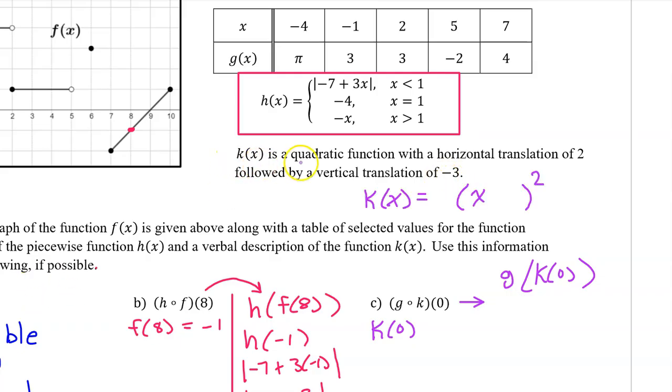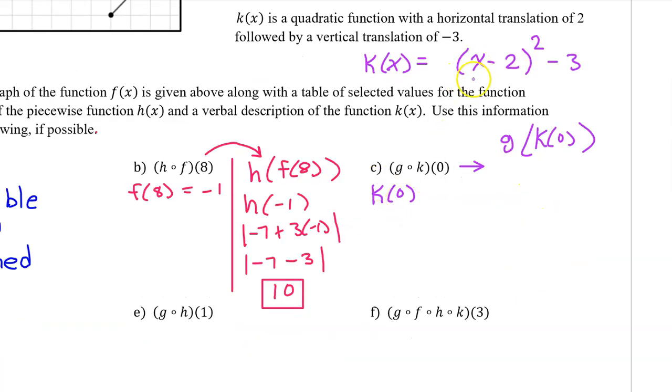Because k of x is a quadratic function, it will be based on the parent function x squared. A horizontal translation of 2 will happen if we have x minus 2 inside the parentheses. Then a vertical translation of -3 will happen if we have a -3 on the end. So this is k of x.